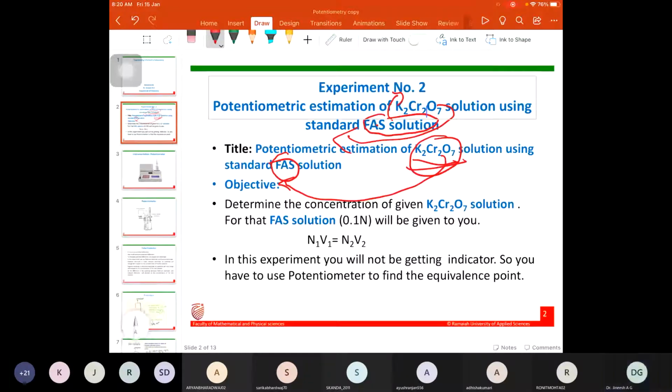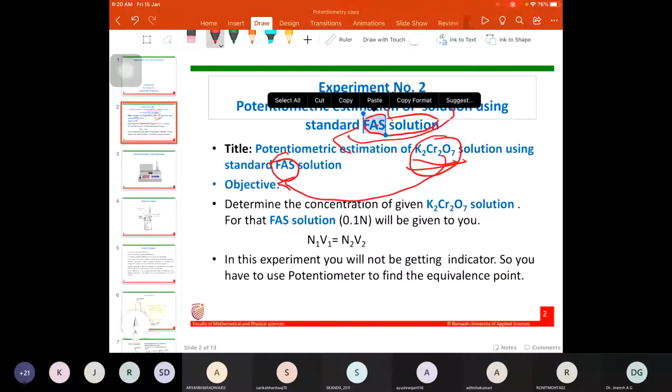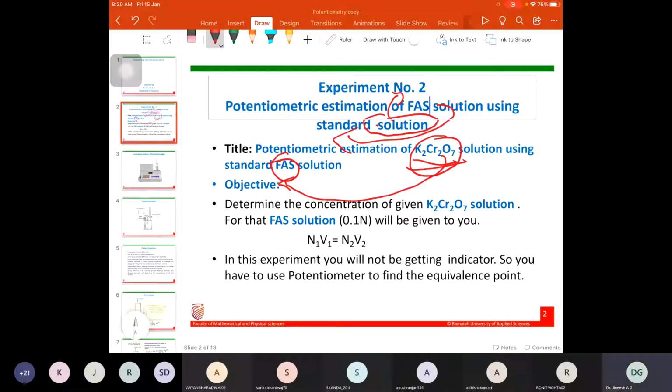Once again, our job is to find the concentration of FAS solution using potassium dichromate solution.